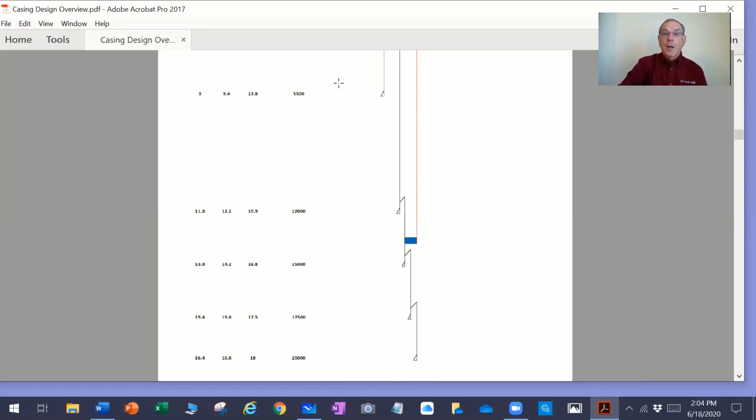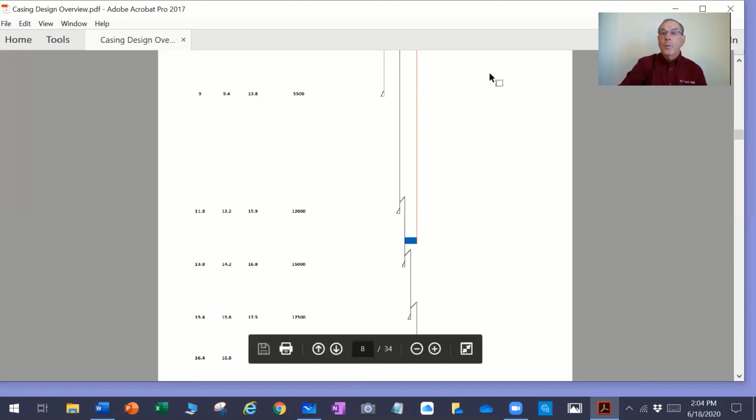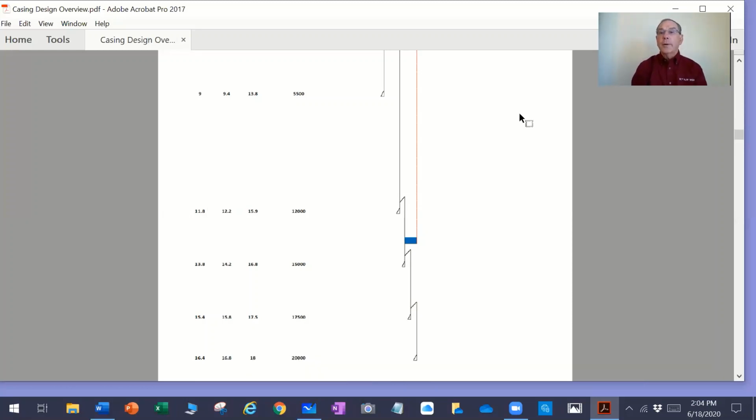This is what we have to get to when we start doing casing design work. We want to get to the point that we understand our drilling environment before the rig gets on location, and we lock down this technical work with what I call a mental picture with pore pressure, mud weights, fracture gradients, and setting depths that we're going to do all of our well design work from. Very important.